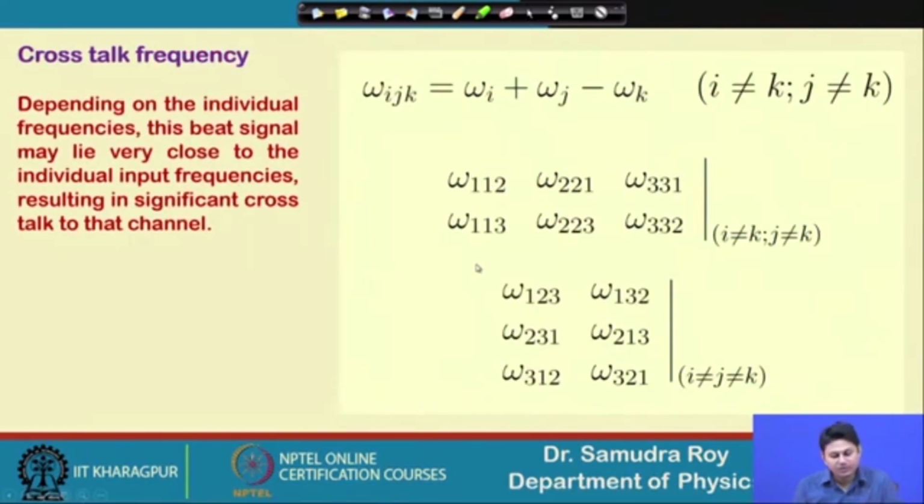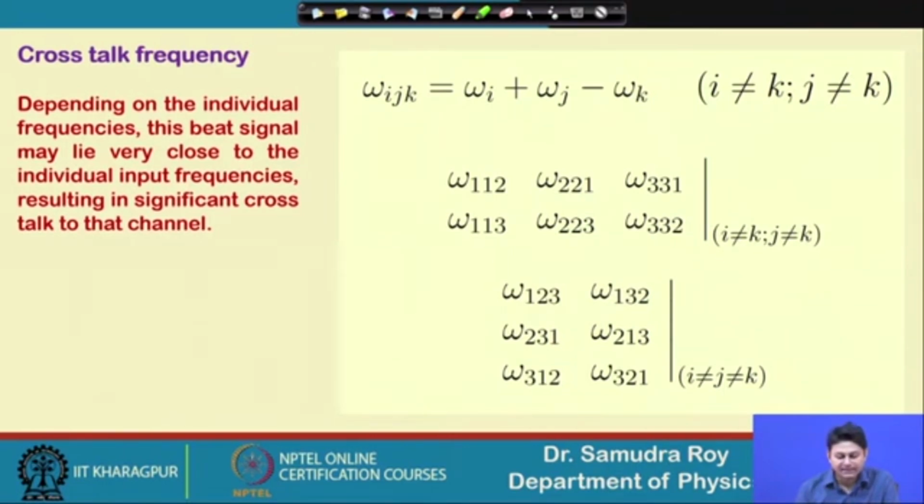Well, now we will briefly describe the crosstalk frequency. What are the crosstalk frequencies? As I mentioned, several kinds of frequency mixing are possible, depending upon the individual frequencies, these are called the beat frequencies. Some beat frequencies are such that they are very close to the launching frequency.